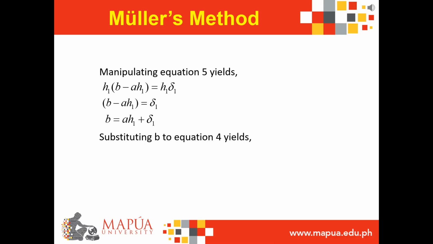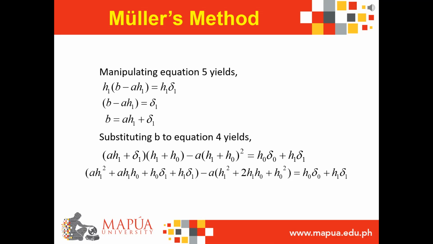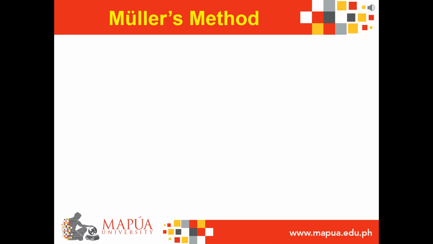After solving for coefficient b, we then substitute this value b to your equation 4. That will eventually yield like this, simplified, and you would eventually end up with the formula for your a, which is equivalent to (delta 1 minus delta 0) all over (h1 plus h0).